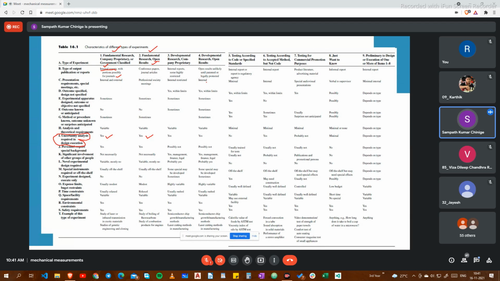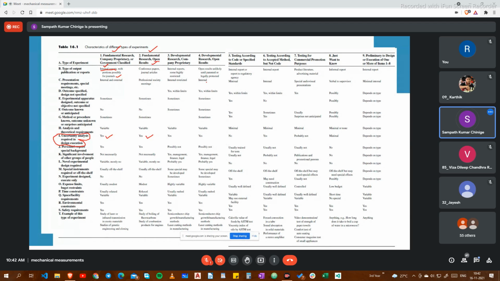Developmental research works generally can be seen if you pay some money. You can take those results if you follow the legal restrictions imposed on them.